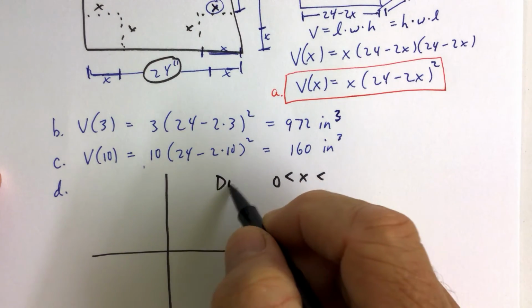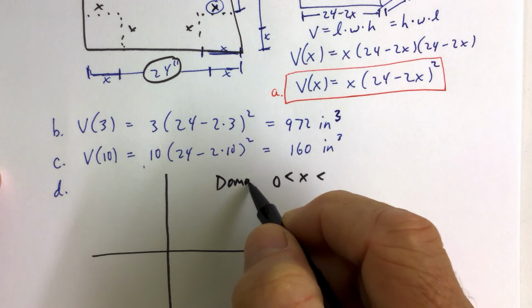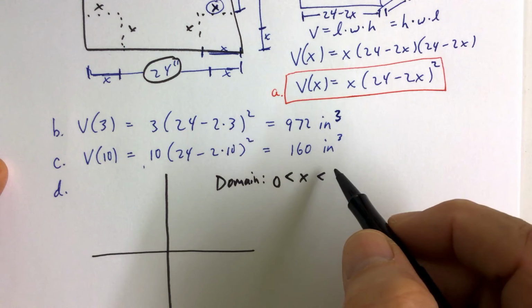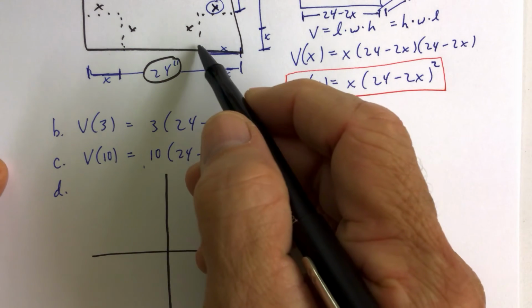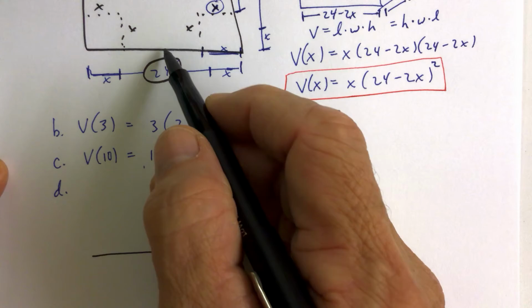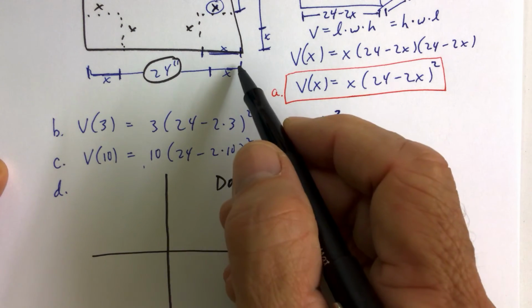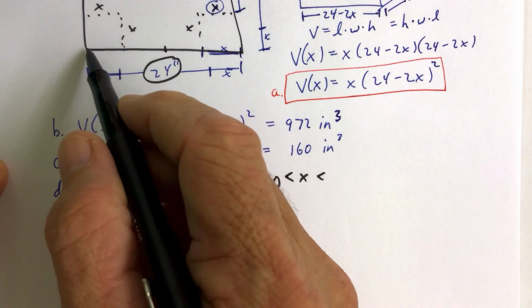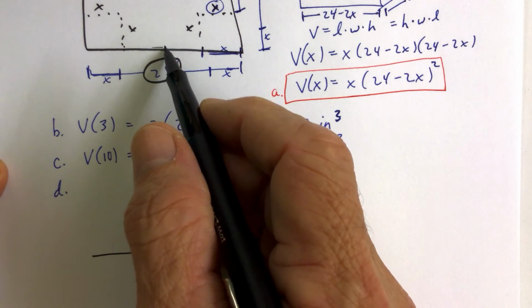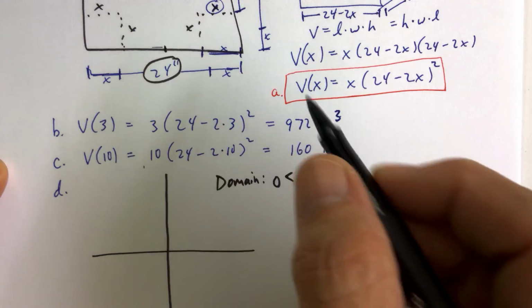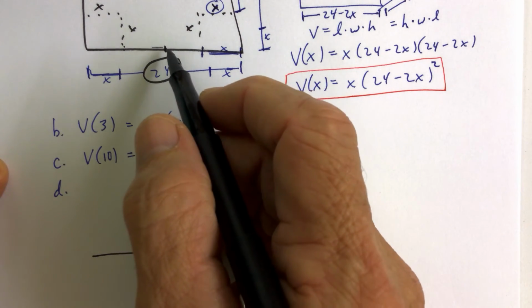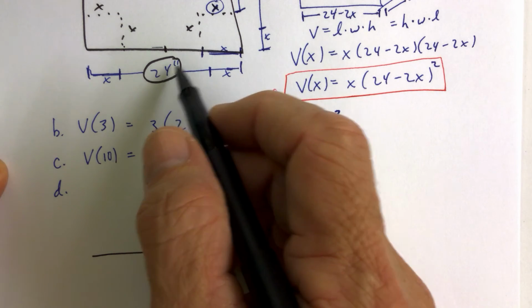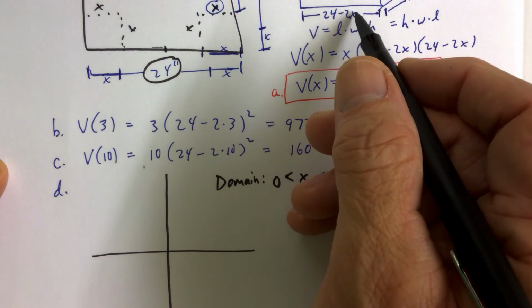So thinking about the domain of this volume function, if x is 10, then we go 10 and 10, we still have 4 more. But if out of the 24 we take 12, then we only have on the other side 12 more, and so we could take 12 and 12, and then we would have no volume either, because 12 and 12 adds up to 24, and so the lengths of the sides would be 24 minus 24, and that'd be 0.